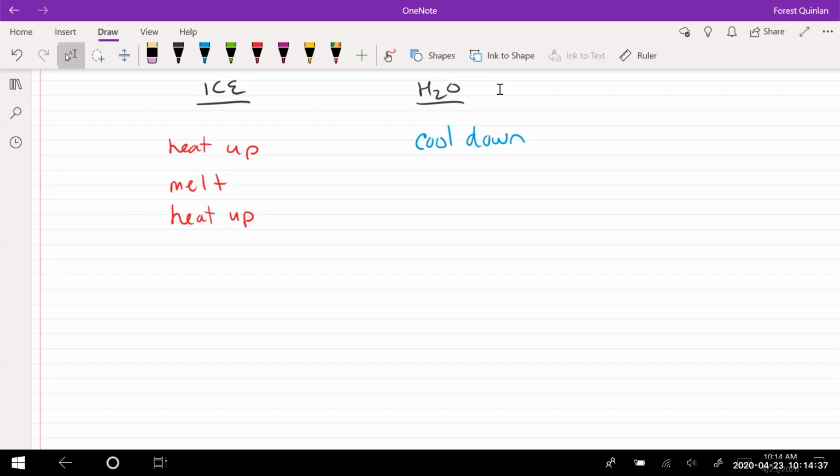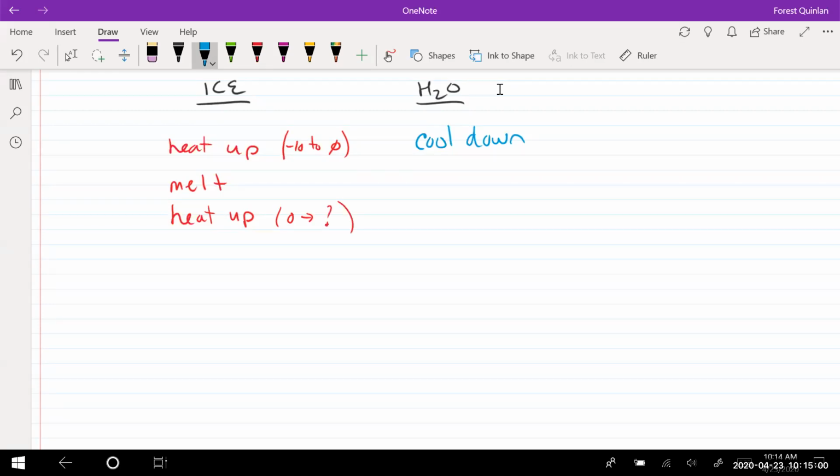So what we have is the ice is going to go from -10 to 0. It's going to melt, and then it's going to heat up from 0 to whatever final temperature.